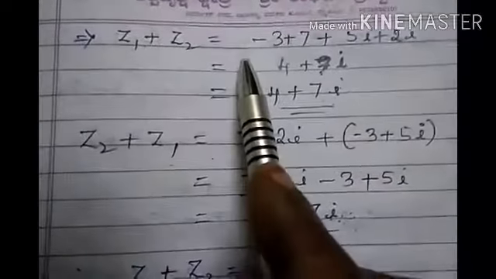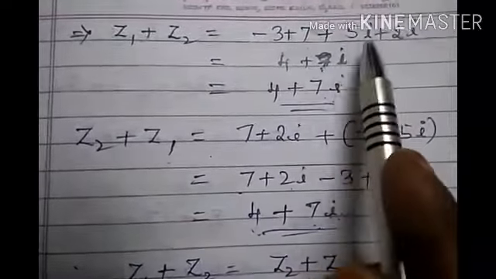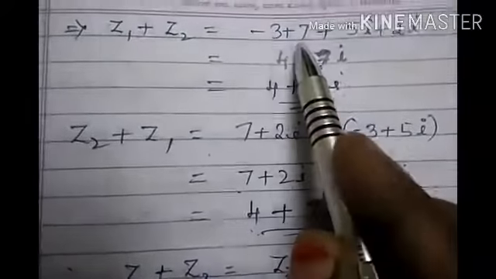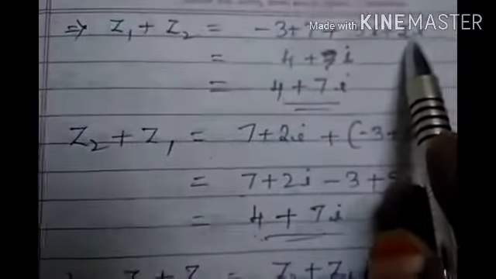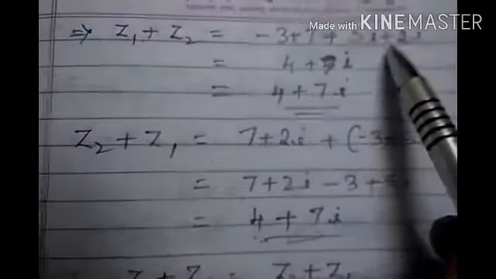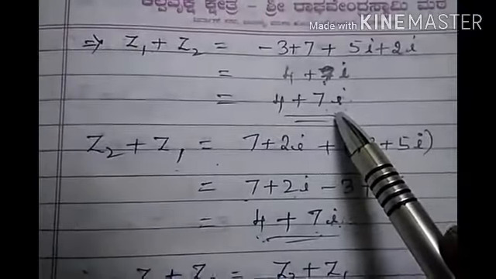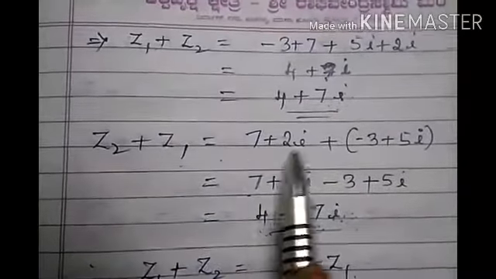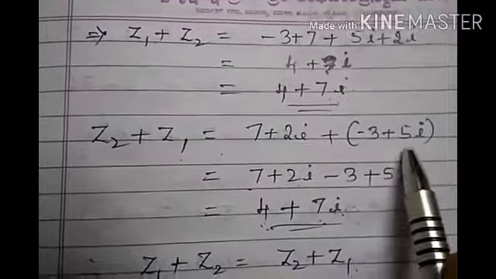Z1 plus Z2 equal to minus 3 plus 7 plus 5i plus 2i. Here also add the real parts together, imaginary parts together. Minus 3 plus 7 gives 4 and 5i plus 2i gives 7i. Now Z2 plus Z1 equal to 7 plus 2i plus minus 3 plus 5i.